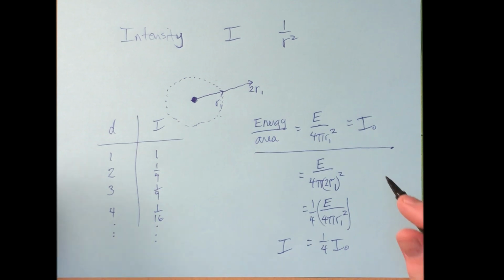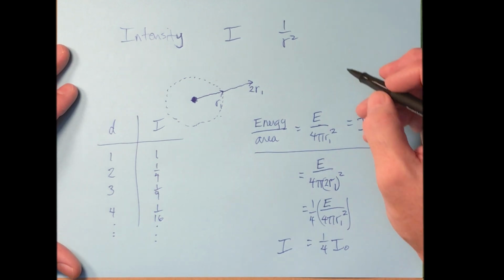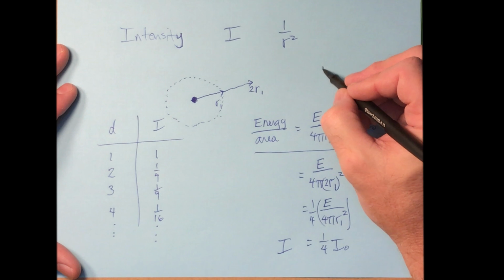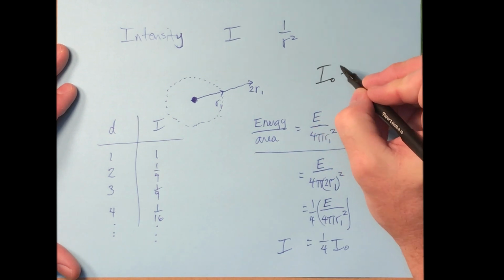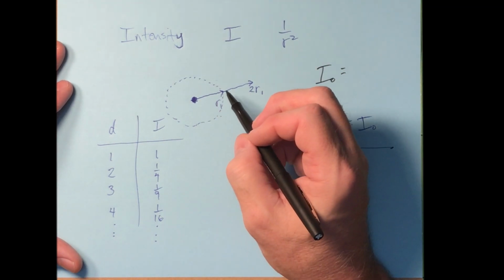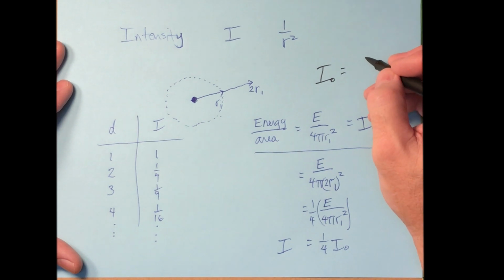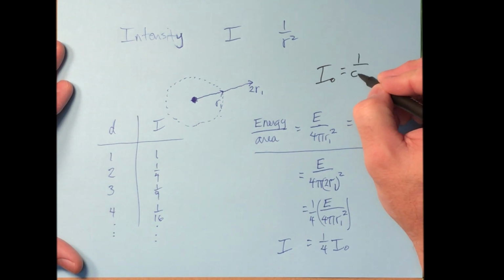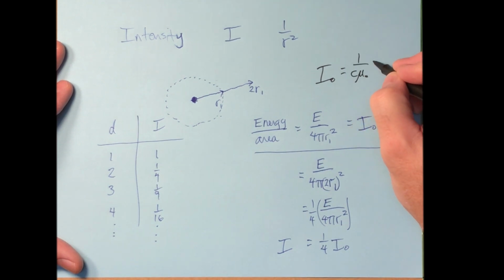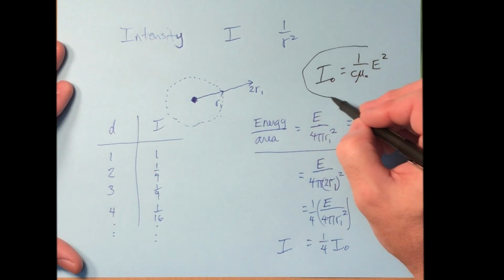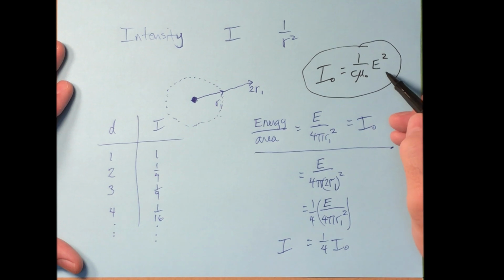Okay, if that's the case then, now going back to this just for a second here, I need to say one other thing about this intensity here. The intensity, which we'll call I naught, is related to the electric field. And specifically it's related this way, 1 over C mu naught times E squared. Once again, that is something that has fallen out of the mathematics that we've skipped, but that is indeed the case.